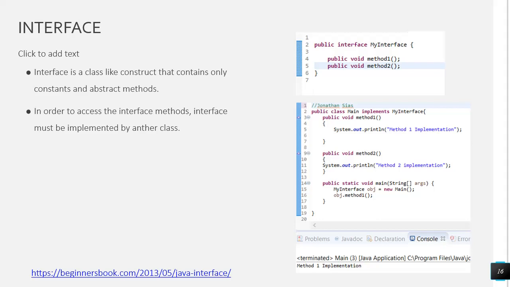When we call it below, we created an interface object equals new main object dot method 1. So this method 1 is calling the first method, which prints out method 1 implementation.